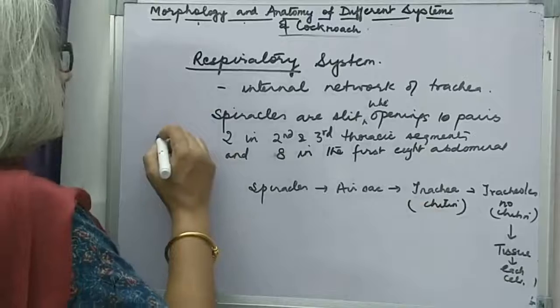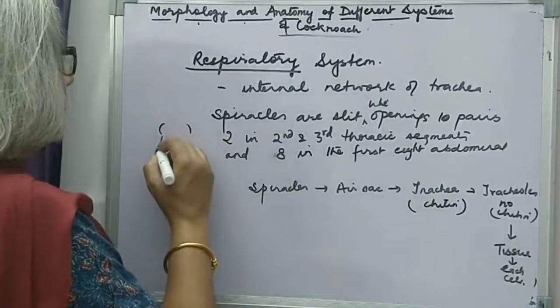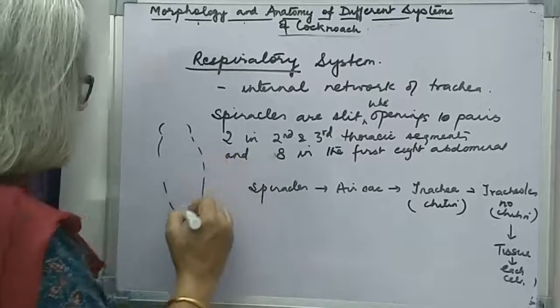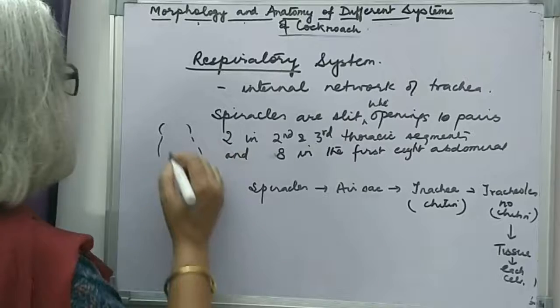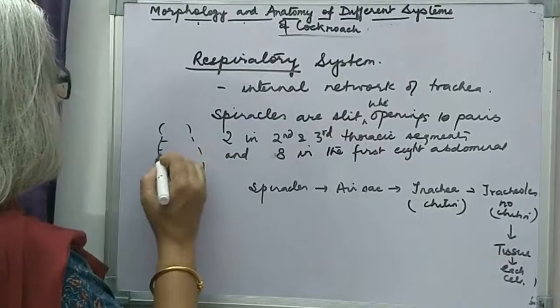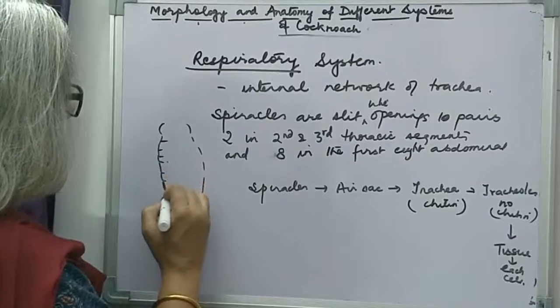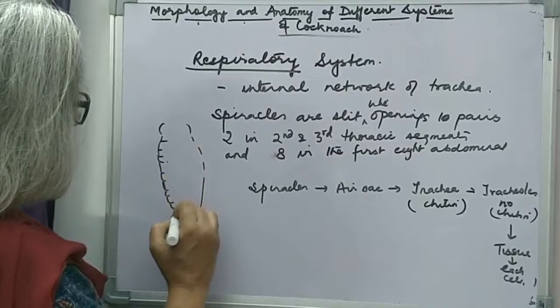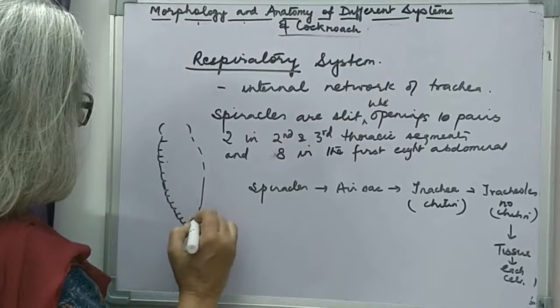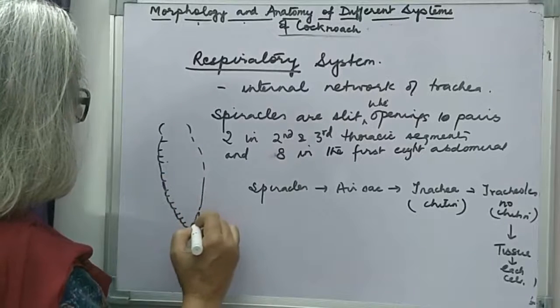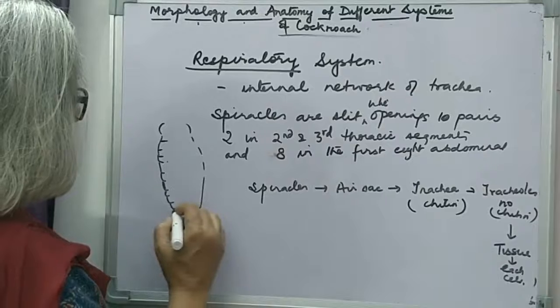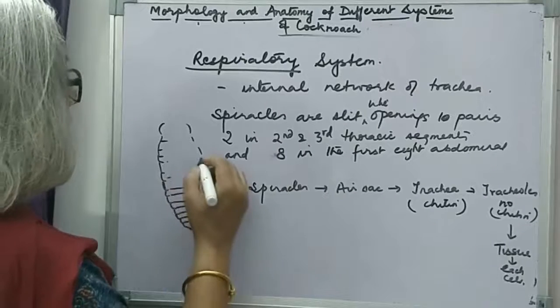Now if we consider the body of the cockroach like this, this is the head, and this is the thorax and the abdominal segment. Now 1, 2, 3 thoracic segments, and we have 4, 5, 6, 7, 8, 9, 10 abdominal segments like this.